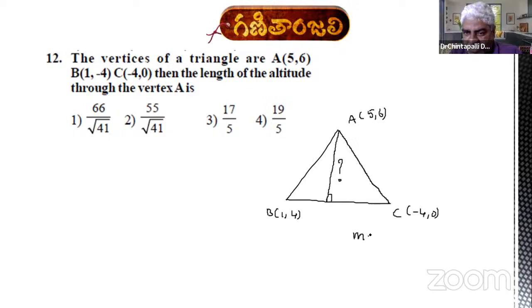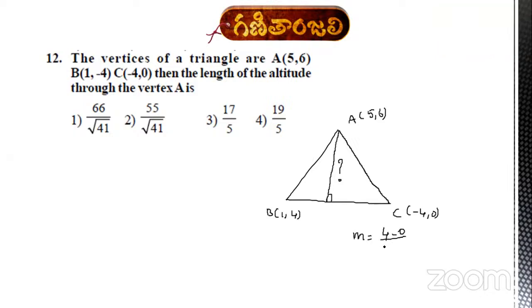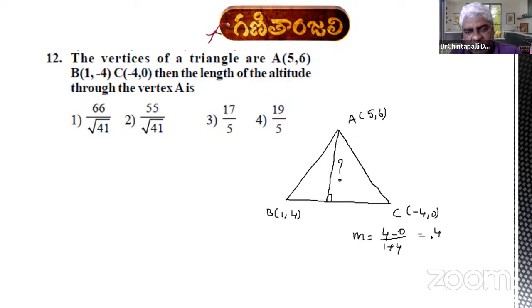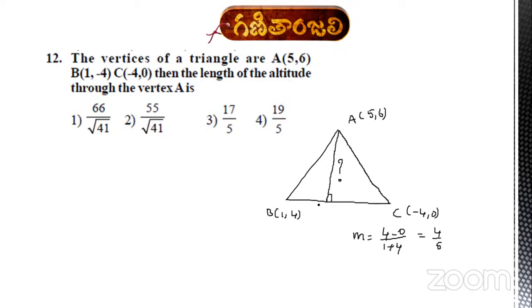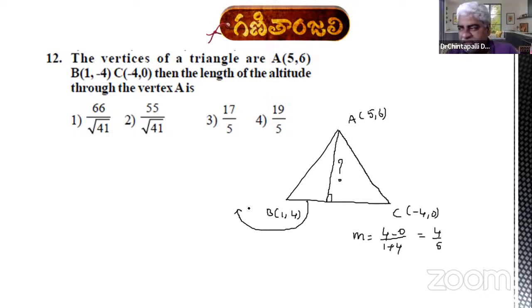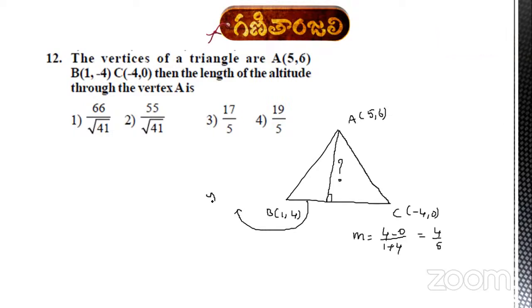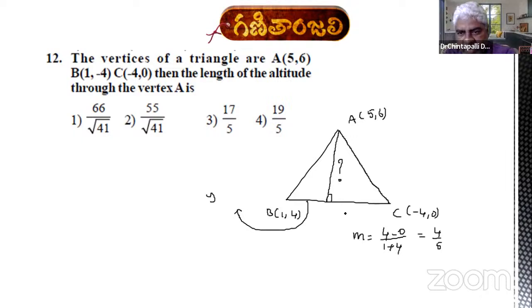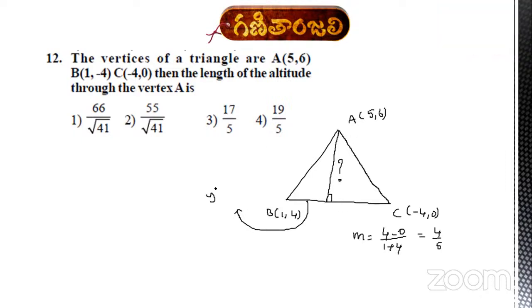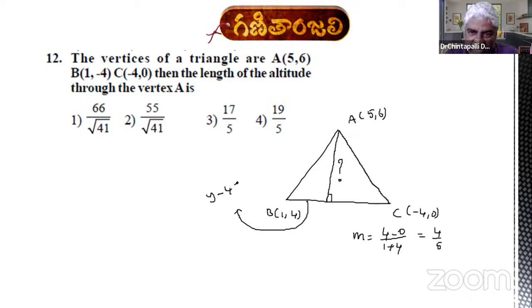Slope m is equal to 4 minus 0 by 1 plus 4, which is equal to 4 over 5. Now we can find its equation. Formula: y minus y1 is equal to m into x minus x1. We can use any of these 2 points as x1, y1: 1, 4 or minus 4, 0. Which is easy? 1, 4 is easy. y minus 4 is equal to 4 by 5 into x minus x1.